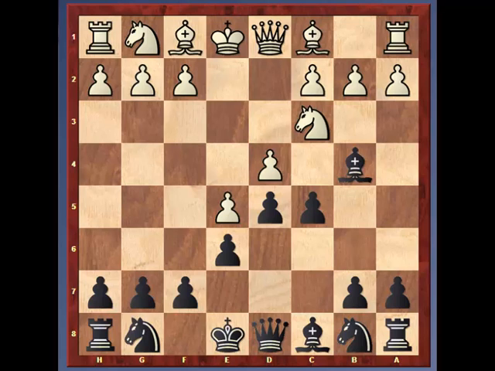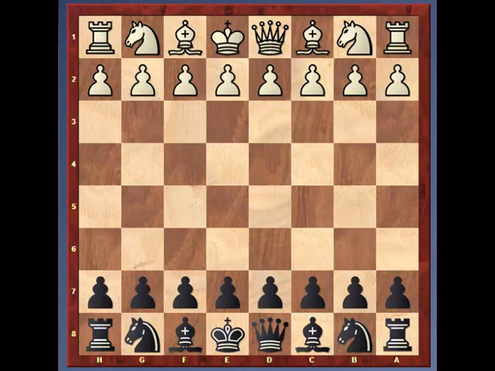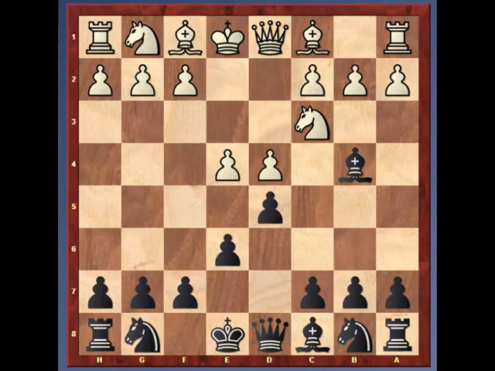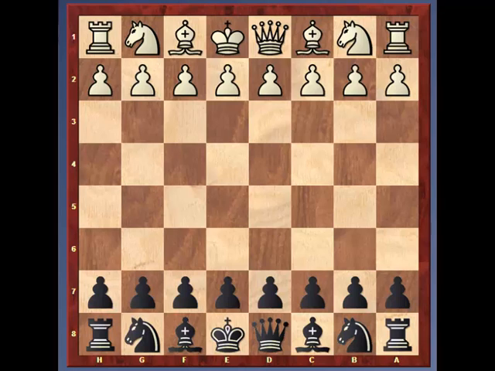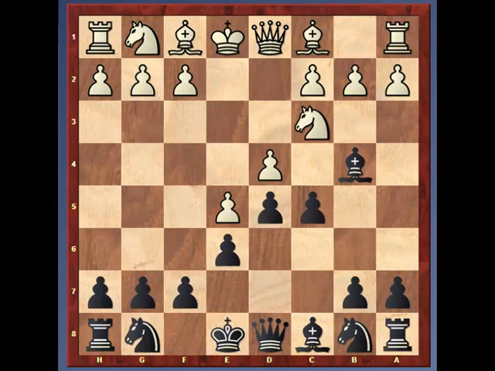Now, this would be the Bogolyov extension of that. This is the Winower Advance, the Russian variation. This is the Winower Advance with fifth move at A3.